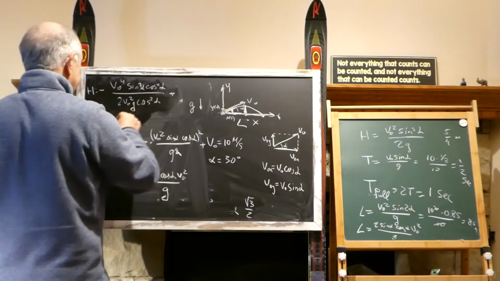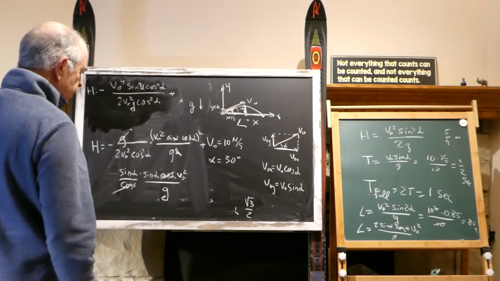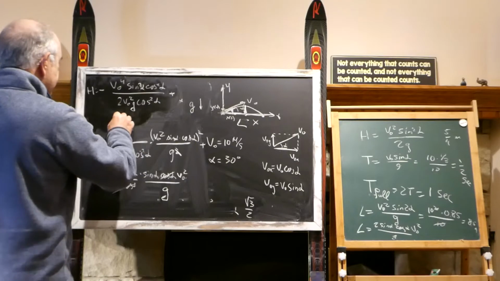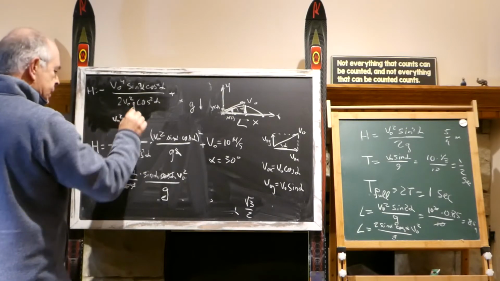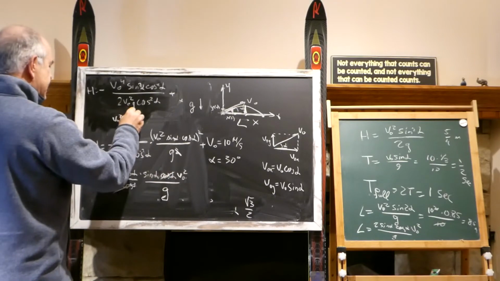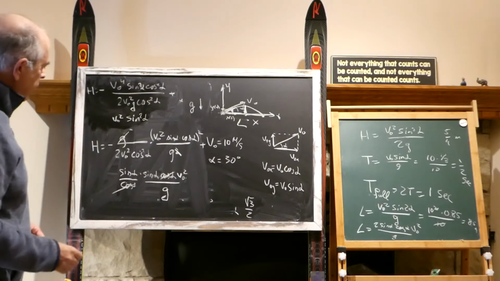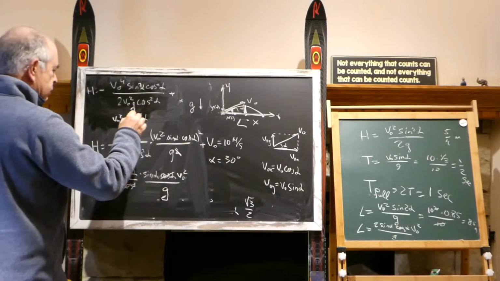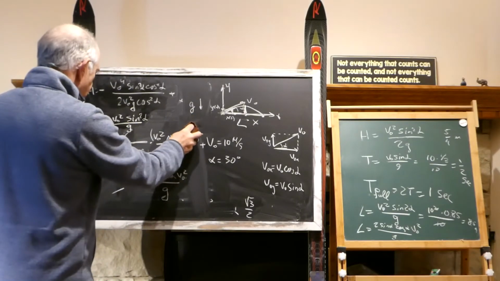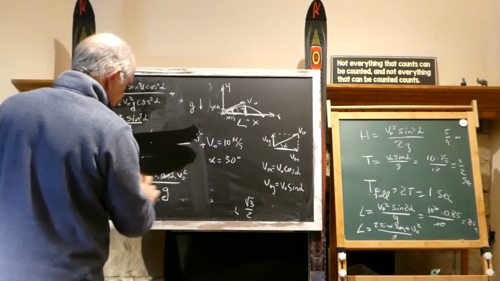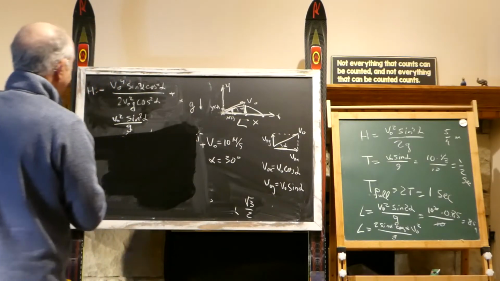Now let's deal with the other one. Cosine and cosine would be gone, v0 squared, so this would be plus v0 squared sine squared divided over g. Okay, let me wipe it out, and let's continue because everything should be fine.